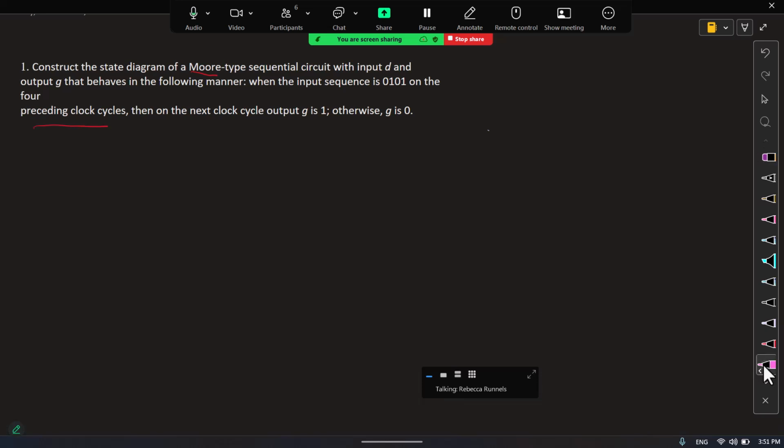So if I look back at my sequence of things that was entered, if I'm right here, so this is the end, then on this clock cycle I should output a 1 because my previous 4 were 0, 1, 0, 1.